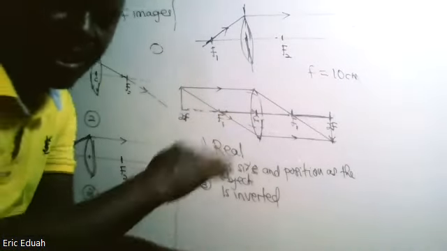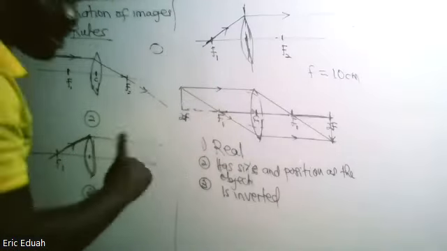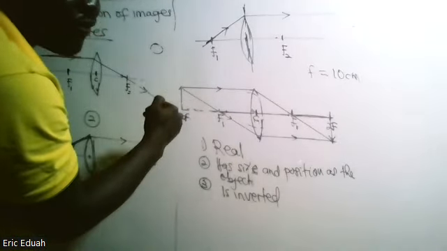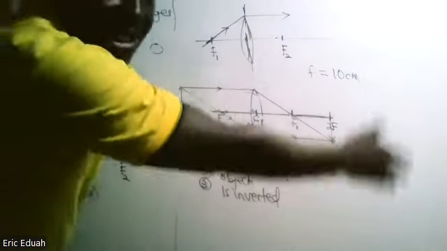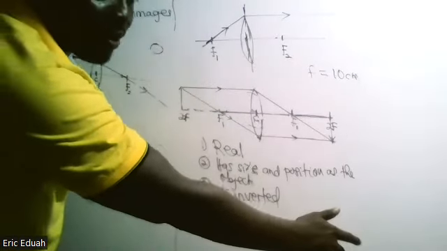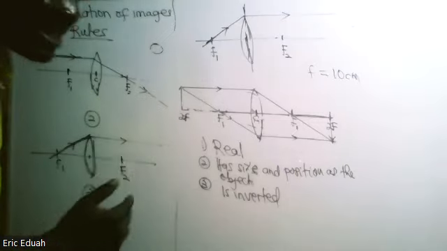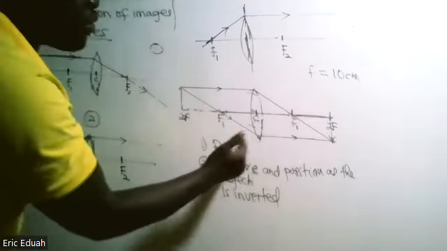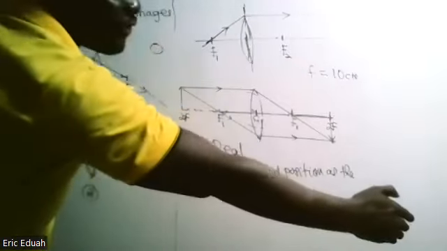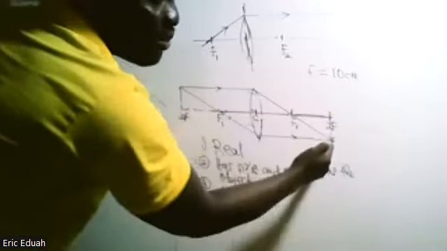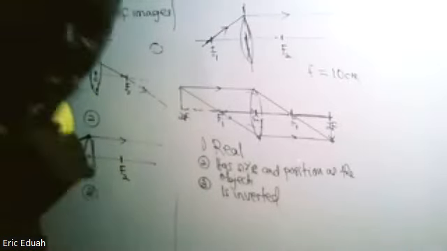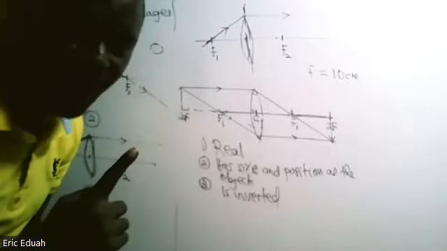It's like a swapping. For mirrors, real images are at the same side as the object, and virtual images are opposite to the objects. When you come to lenses, it is the other way around. A real image would always be at the opposite side of the object. A virtual image will be at the same side as the object. Please take notes. Are we fine?